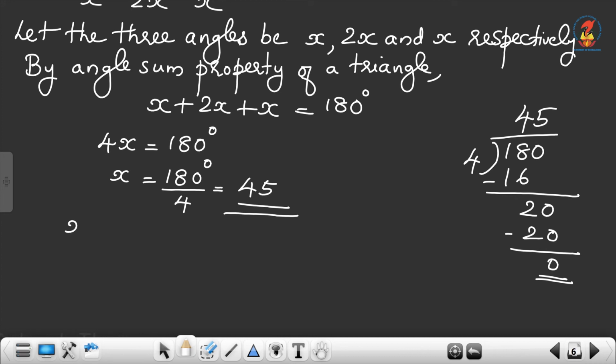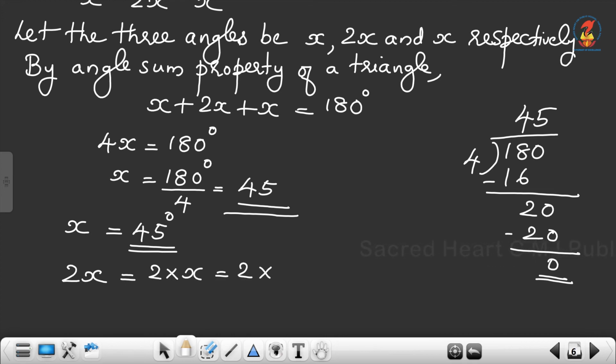Now we have the angles. First angle is x. We can write it as 45 degree. Now second angle is 2x. 2x means 2 into x. So 2 into the value of x, 2 into 45 degree, therefore 90 degree. And the third angle is also x, so we can write it as 45 degree.